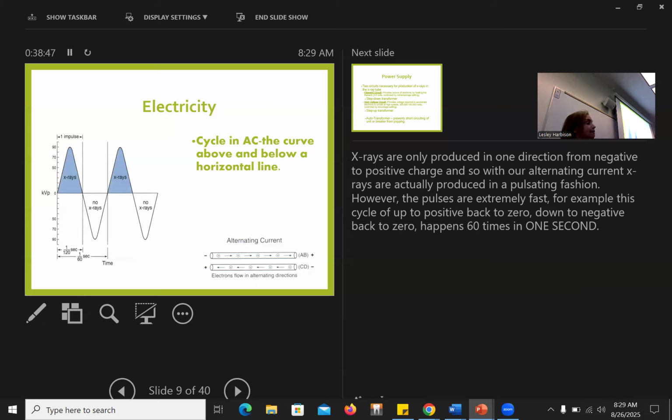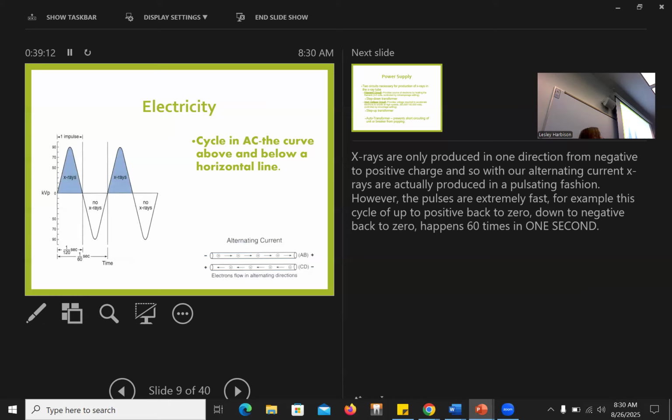And this is more of that information that I don't feel helps you so much practically. It's more like information that they want you to know. But when you push the button and it's a second and a half, you should just know that it was not a constant stream of radiation being made.